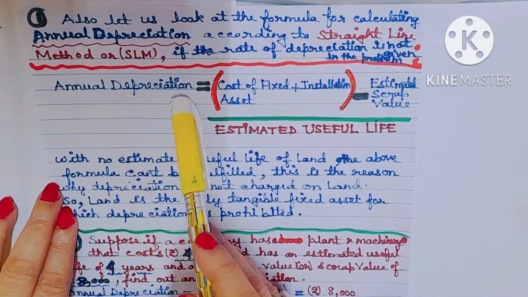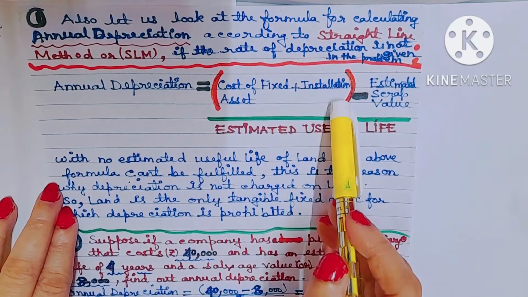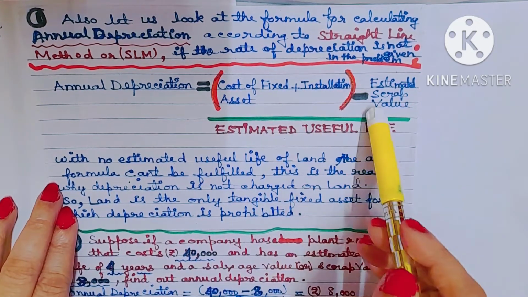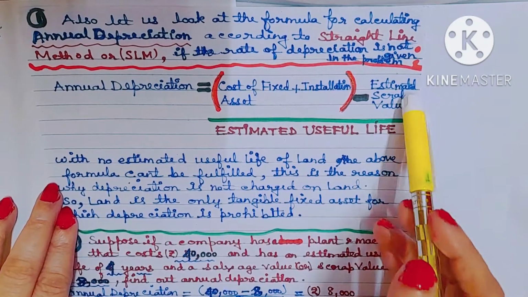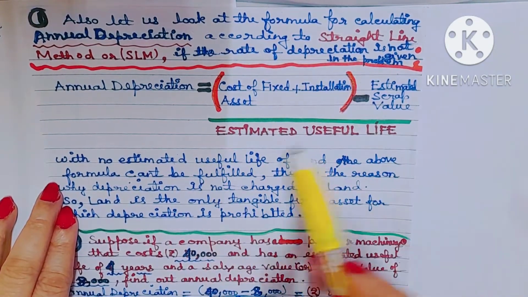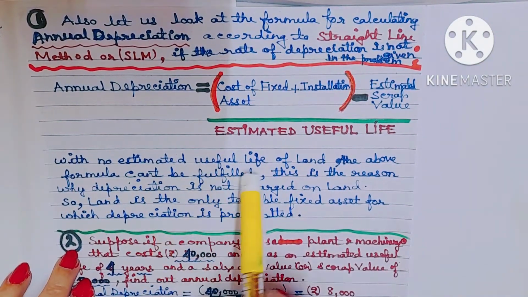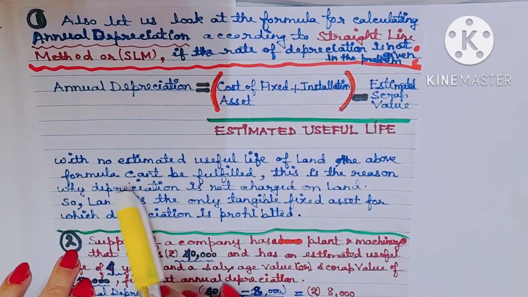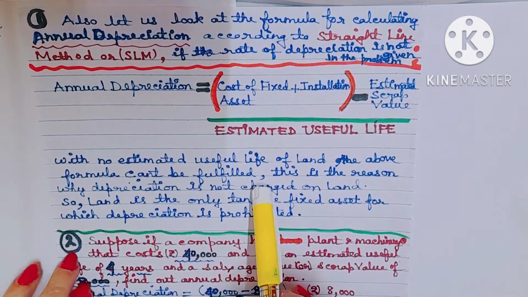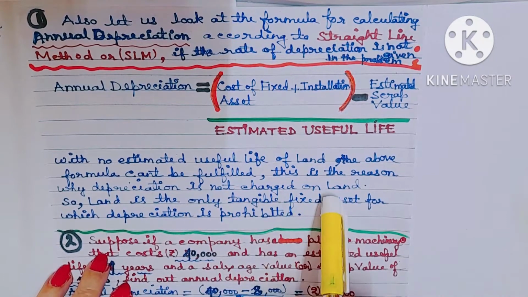Annual depreciation is equal to cost of fixed asset plus installation in bracket minus estimated scrap value or estimated salvage value, both means the same thing, divided by estimated useful life. With no estimated useful life of land, the above formula can't be fulfilled. This is the reason why depreciation is not charged on land.